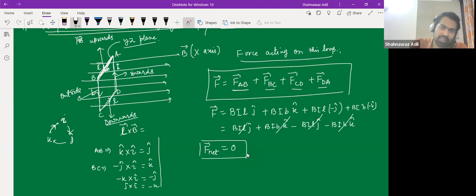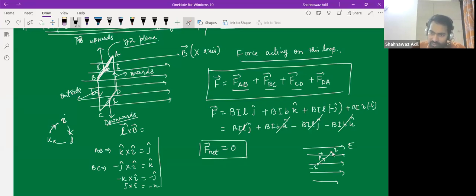In the case of the dipole, you learned that in the presence of an electric field, the net force was 0, but we had a net rotational effect. Do you remember? We had this external electric field and a dipole present. This was the dipole moment, with q charge and minus q charge. The net force, to the right and to the left, was 0, but we had a rotational effect.